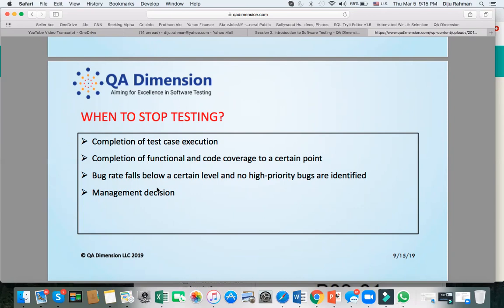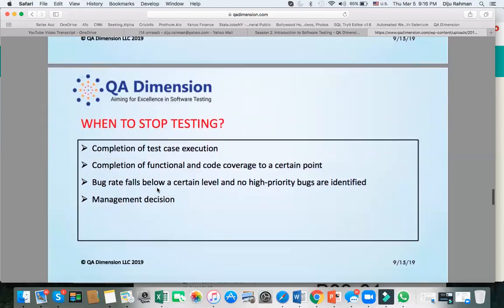They start pushing that code, or releasing that software to production. That's also going to happen. Sometimes management will say, enough of the testing, let's move forward. That's when the testing can finish. Okay. Make sense so far?